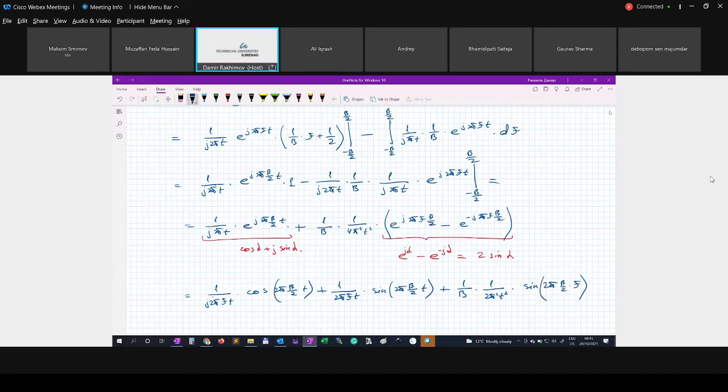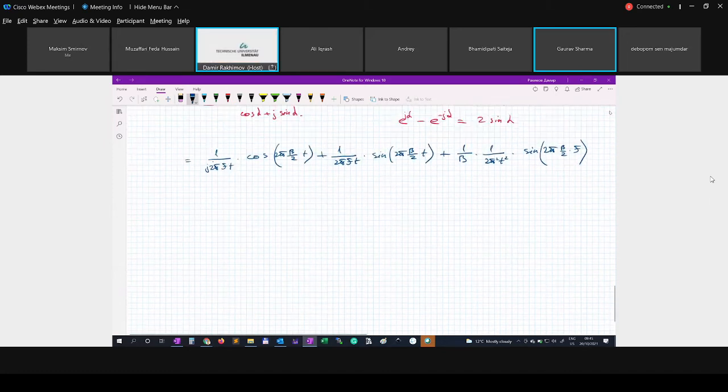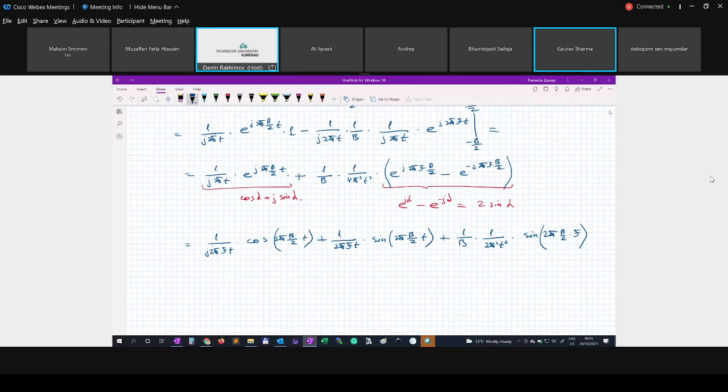Hello. Yes. Yes, sir. Sir, e to the power j alpha minus e to the power minus j alpha should be 2j sine alpha. So 2j. In the end, it should be 2 sine. Do you mean sine alpha is e to the power j alpha minus e to the power minus j alpha divided by 2j?